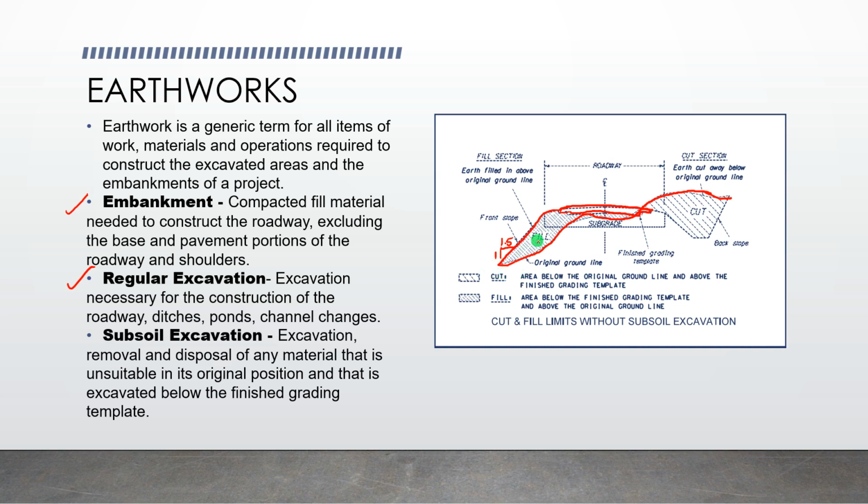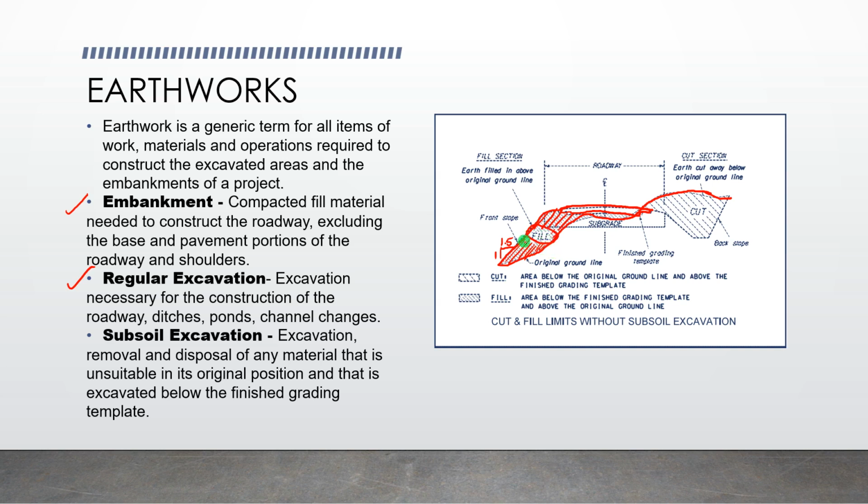So this portion here is the embankment. For the cross section, the area here is called the fill. So the term we use for that area needed in computing the embankment is the fill.